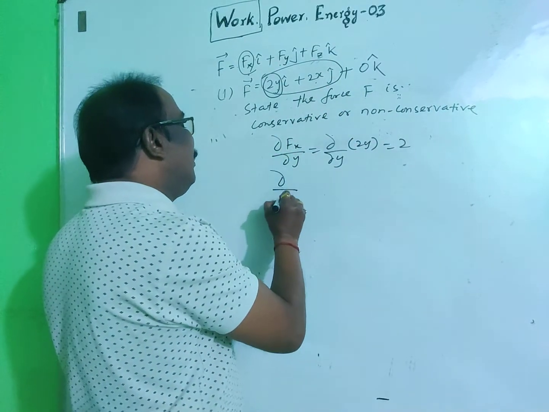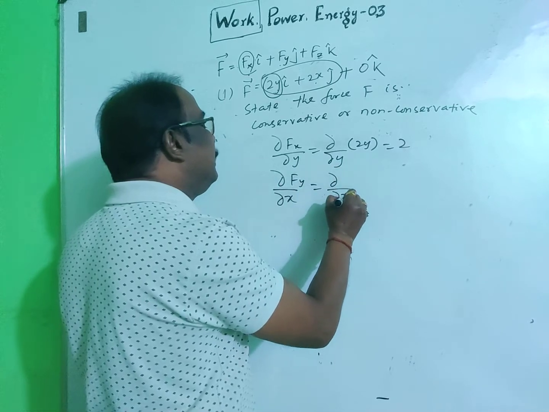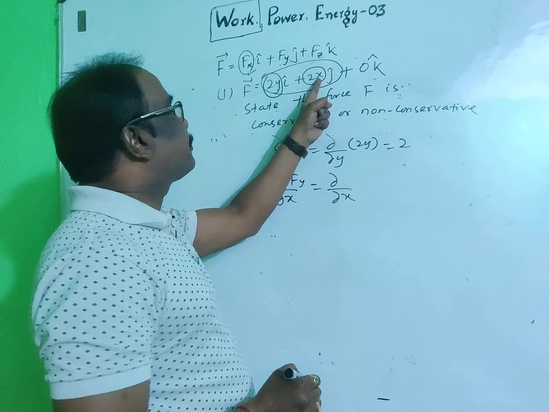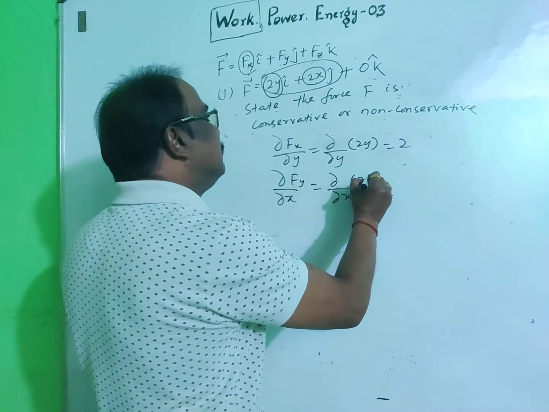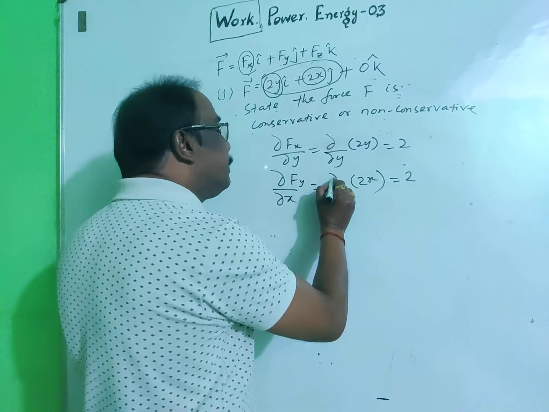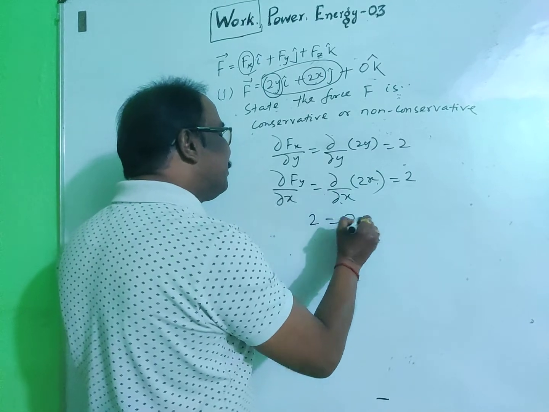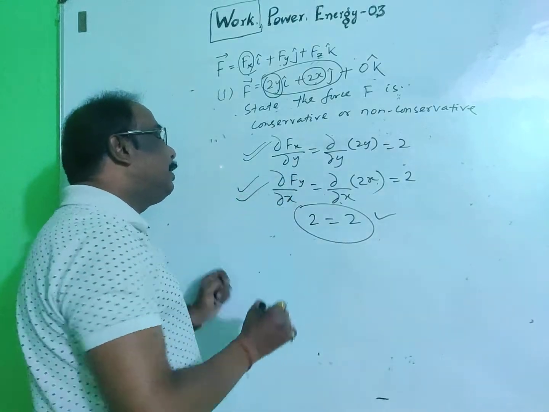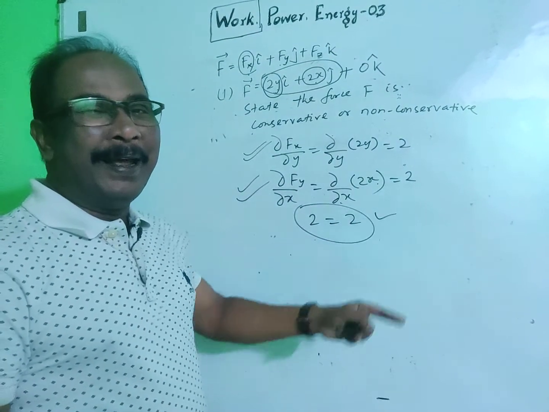Similarly, d by dx of Fy, the component along y axis, is d by dx of 2x; again 2 is constant, d by dx of x is 1, so 2. So dFx by dy is equal to dFy by dx. We have proved the values are same.